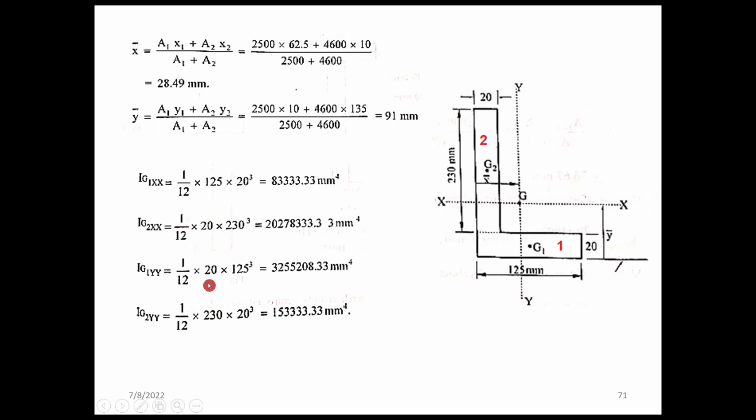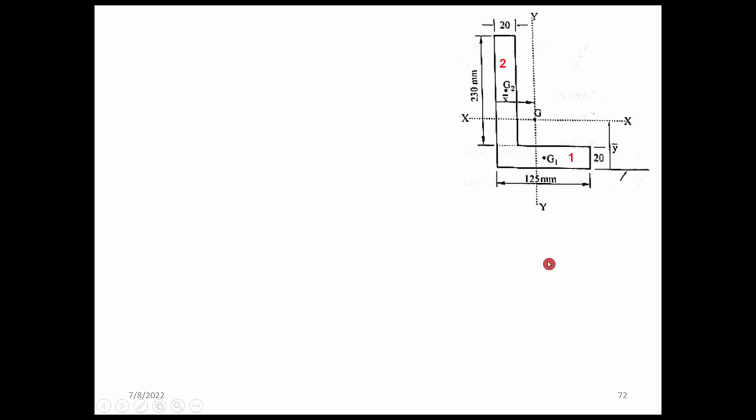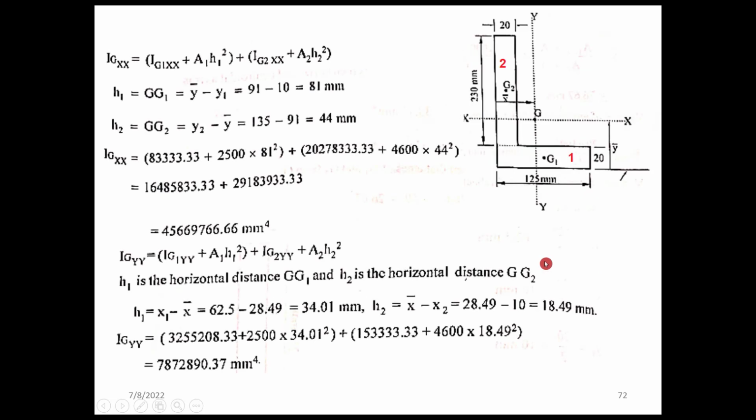So this is 20 into 125 cube, and for the second one 230 into 20 cube. Those changes are there, and we found the moment of inertia with respect to the centroidal axis for both individual areas.